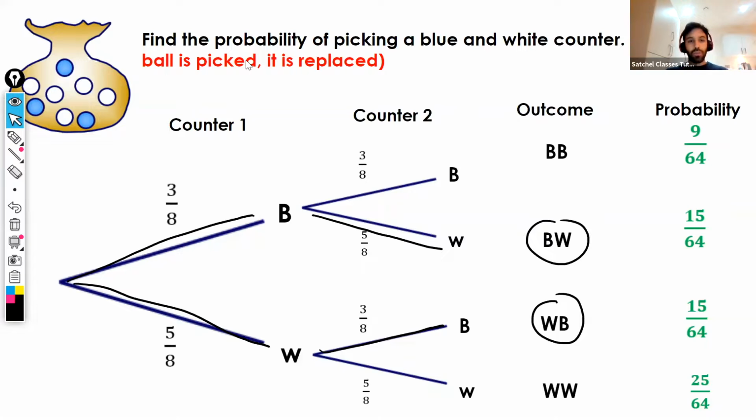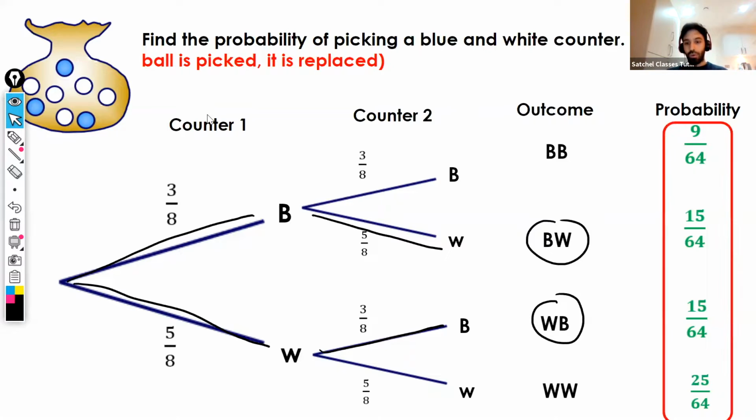But we just want the probability of picking a blue and a white counter. So as I've circled here, blue, white, or white, blue. So the two probabilities that I'm looking for are 15 over 64 and 15 over 64, and I just simply need to add them together.